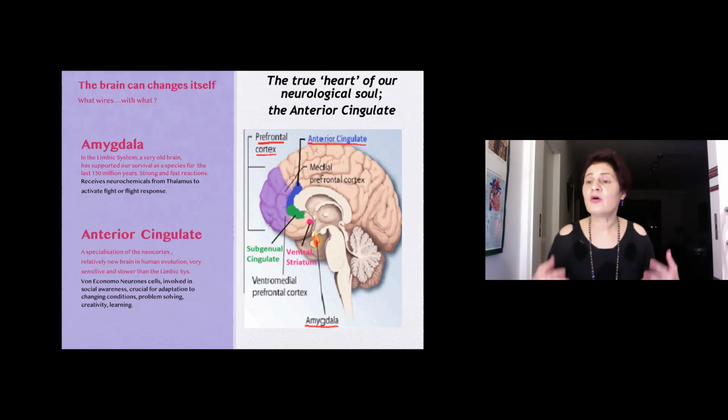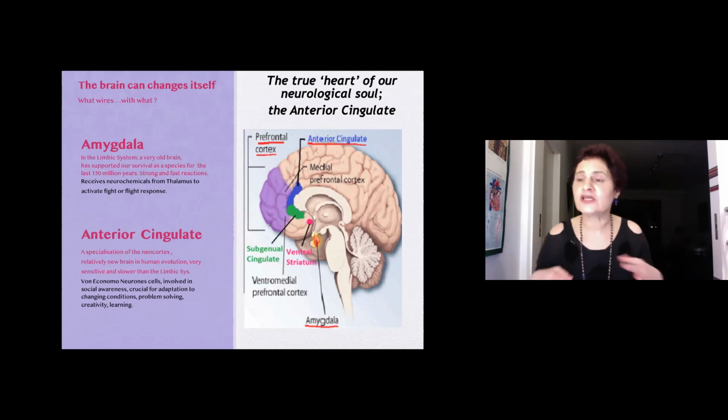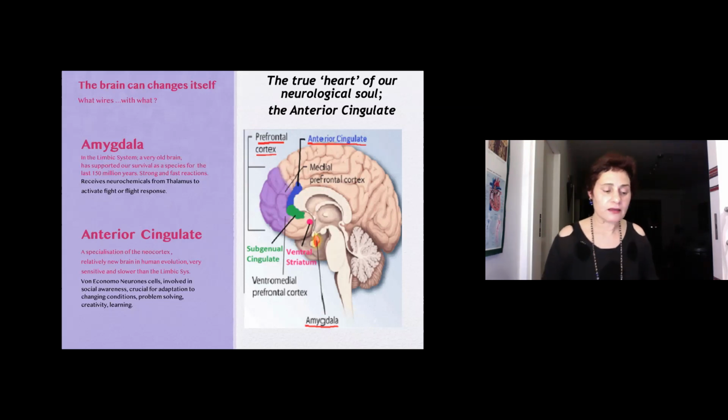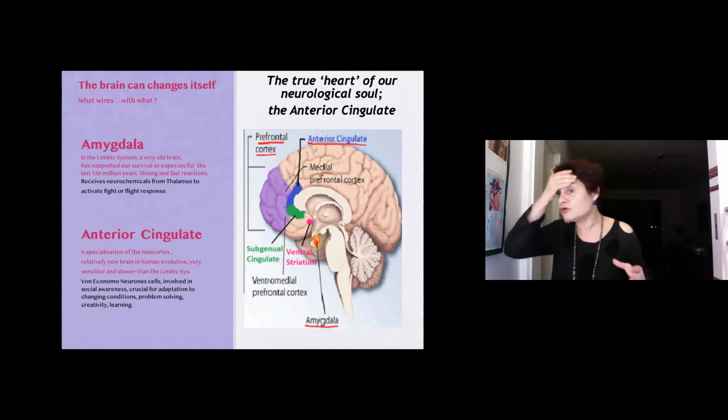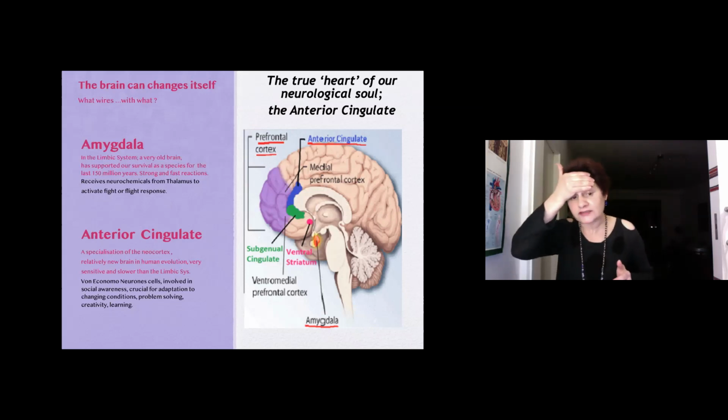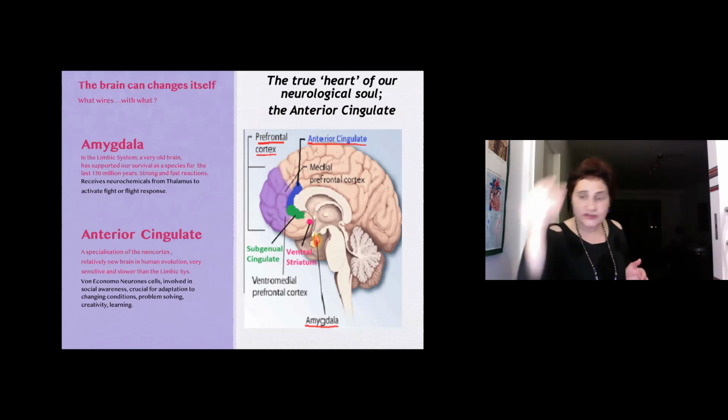But here we are at a different historical moment for our development, really. And in fact, the anterior cingulate is that blue structure. It's a specialization of the neocortex. So the neocortex is right here in your forehead, yes? But the anterior cingulate is placed deep inside.